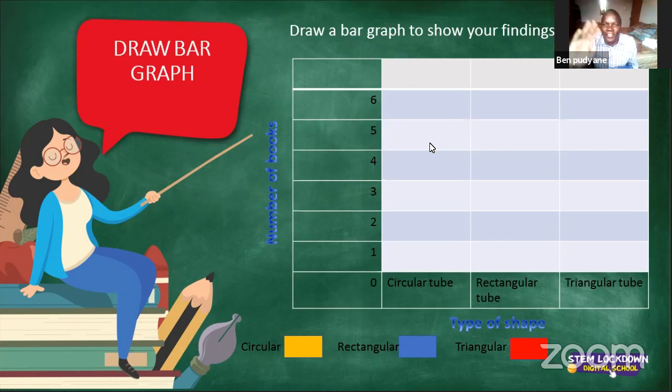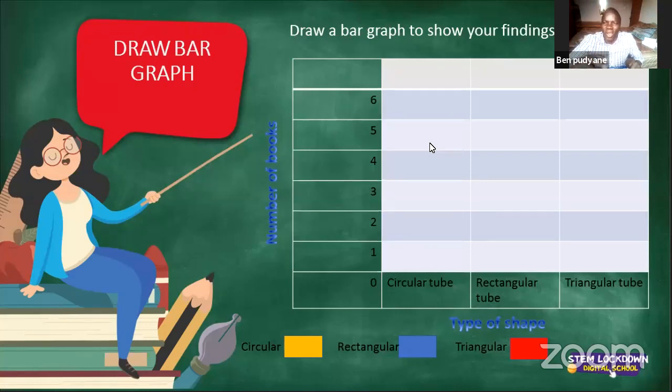Yes, even 15 upwards. And then, how many things were you testing? I was busy with 3 things. That's why I made circular column, rectangular column, and triangular column. Those are the 3 columns that I have. So draw your own graph on paper, and then you will see which shape has the tallest bar.